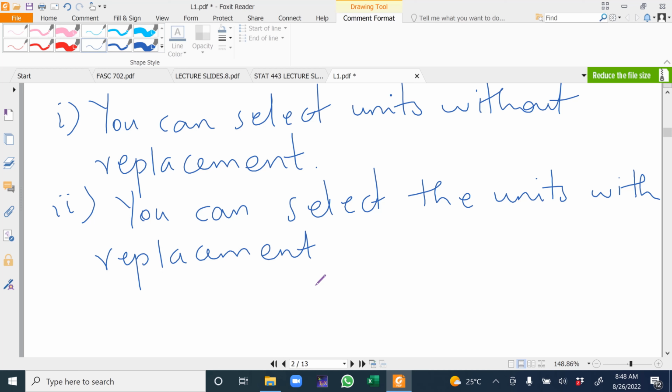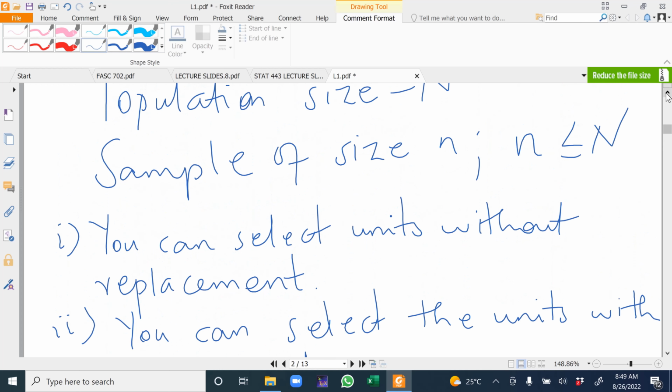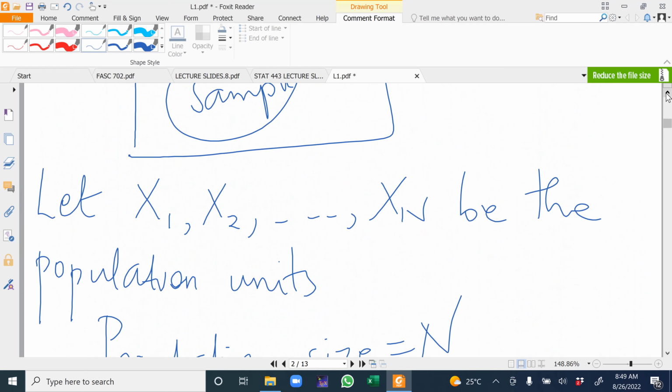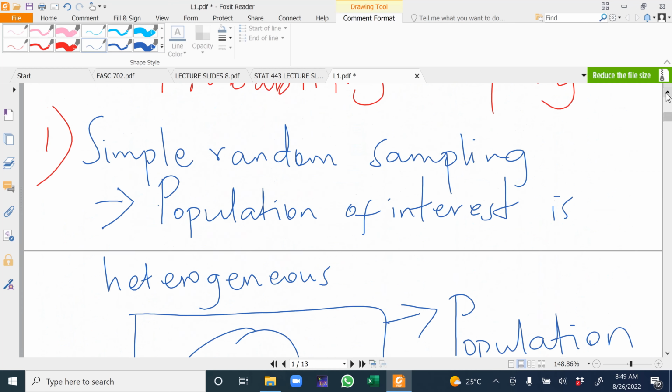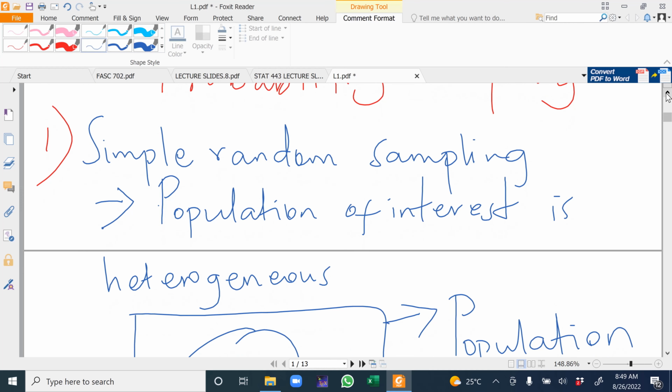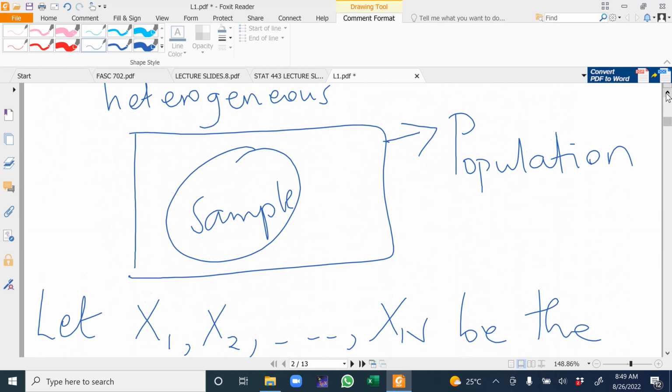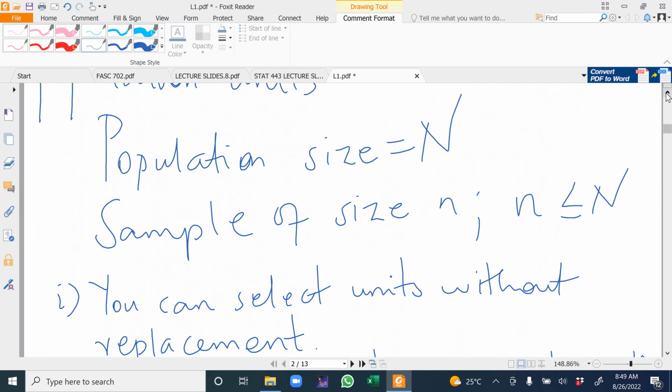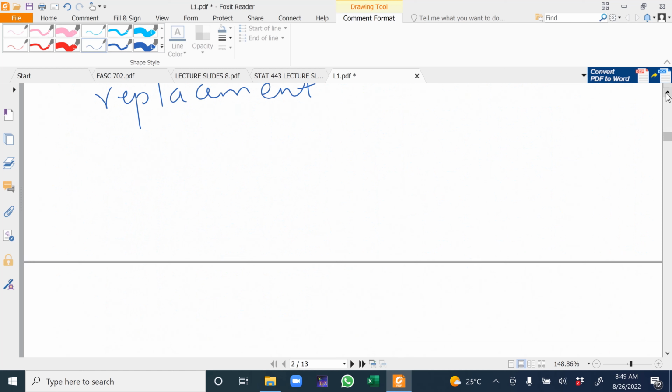Now, that is one technique of probability sampling, which was simple random sampling. The second technique is stratified random sampling.